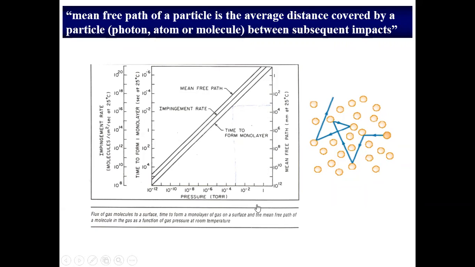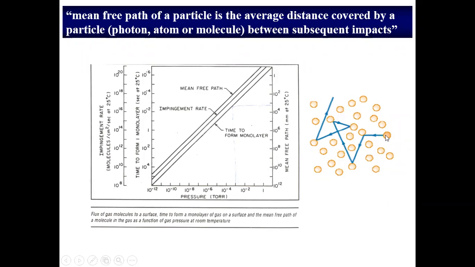Basically, the reason why we want to make sure that the mean free path is as long as possible is, just imagine an atom wants to travel to here, and this is, for example, a substrate. As it moves towards here, if you have higher pressure, it means you have many gas molecules inside.